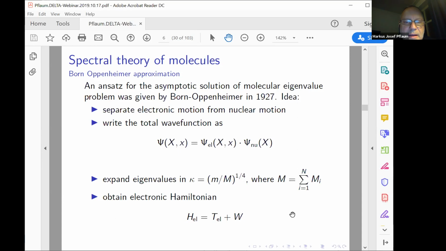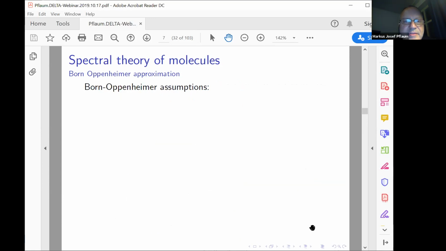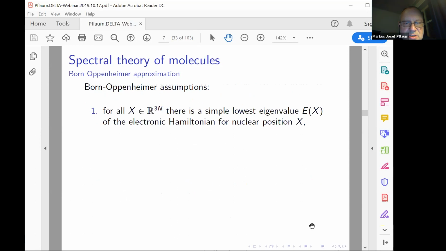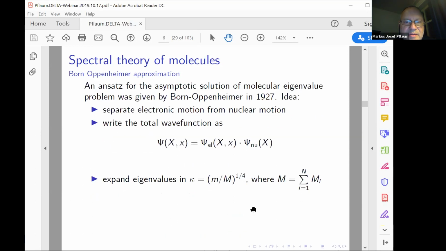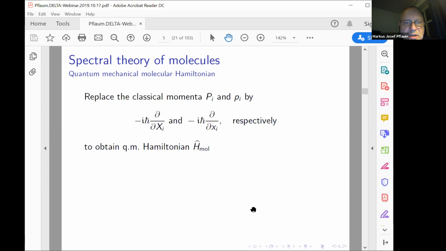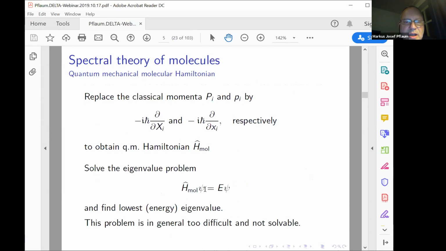And it depends on a parameter, namely the big X, which is the position of the nuclei. Let me look again at the Schrödinger equation. Here, this one, but just replace it by this new one.